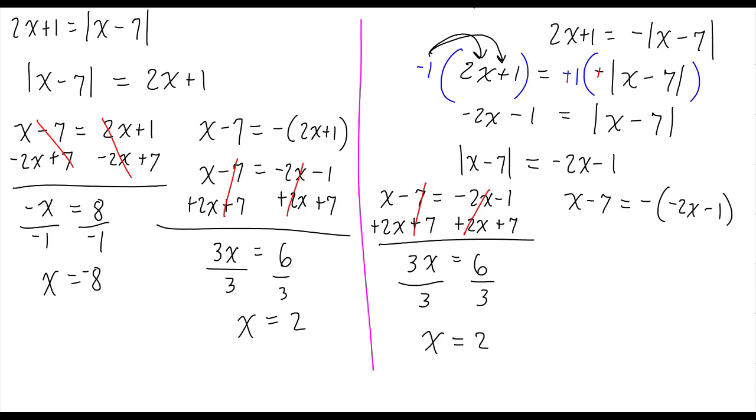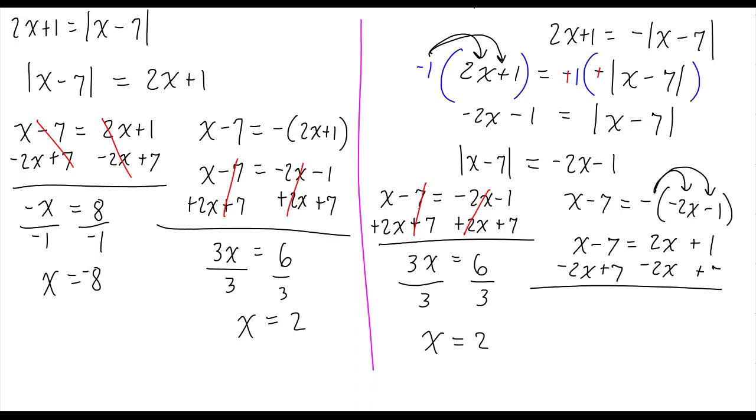On the right side, I will distribute this negative 1 here. Negative 1 times negative 2x is a positive 2x. Negative 1 times negative 1 is a positive 1. And this should look familiar as well. Subtract 2x from both sides. Add 7 to both sides.